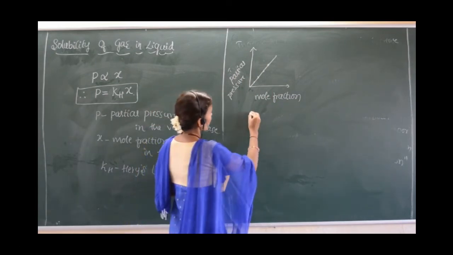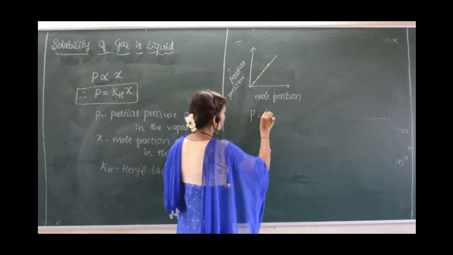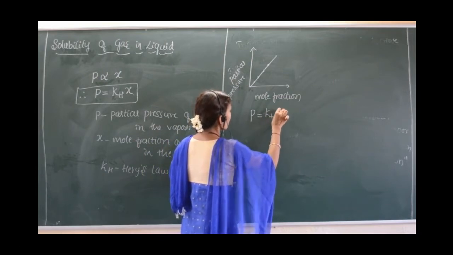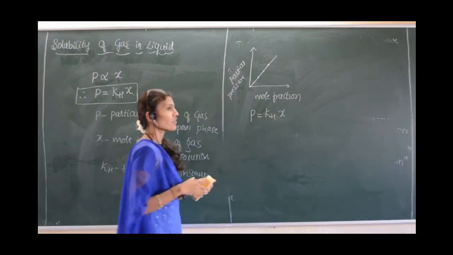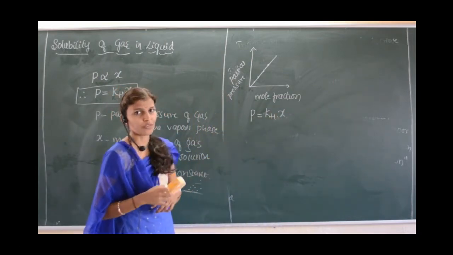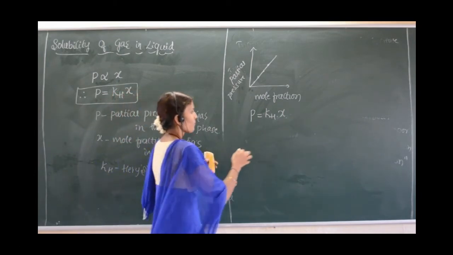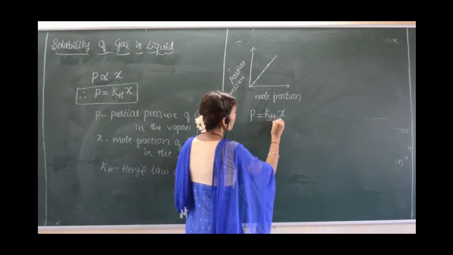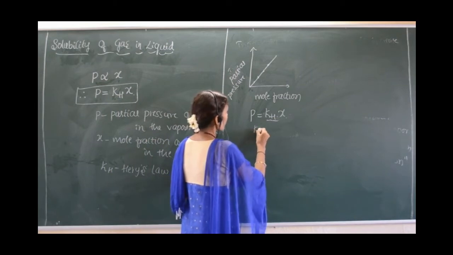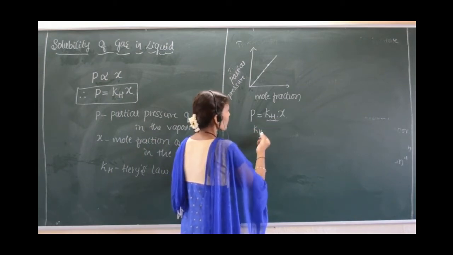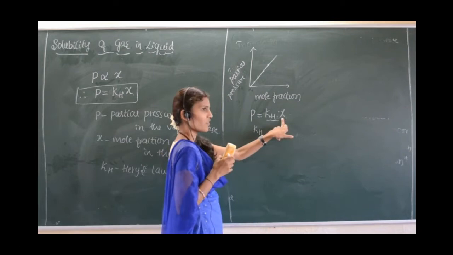Let me tell you one more thing. P is equal to Kh into X. This is Henry's law, the mathematical form of Henry's law. Now I want to know the unit of the Kh, that is the Henry's law constant. See here, this is the mole fraction.